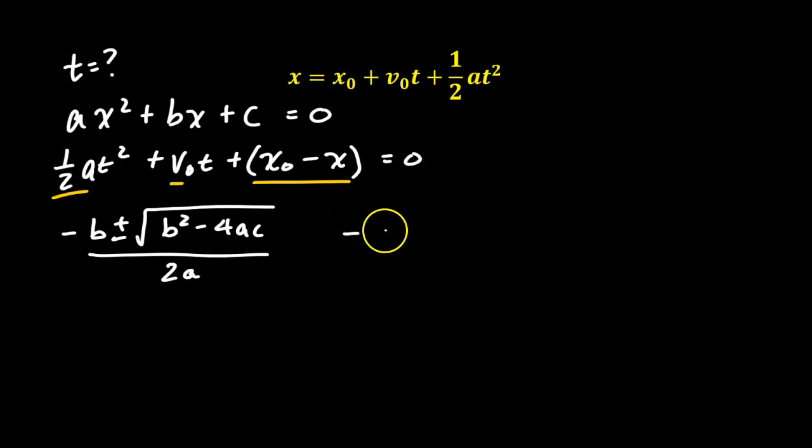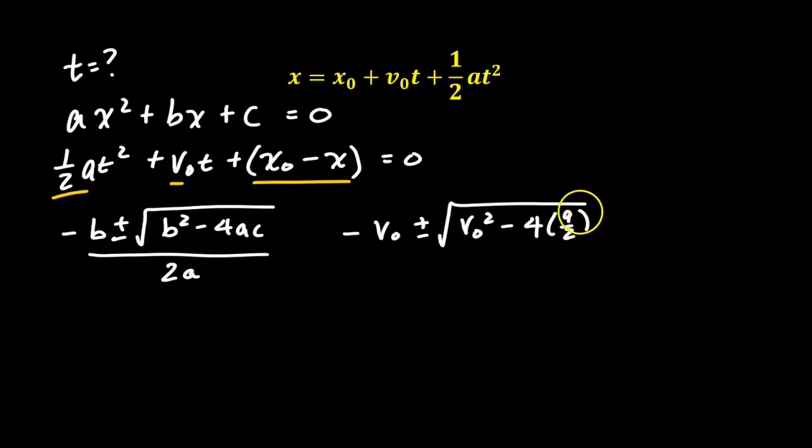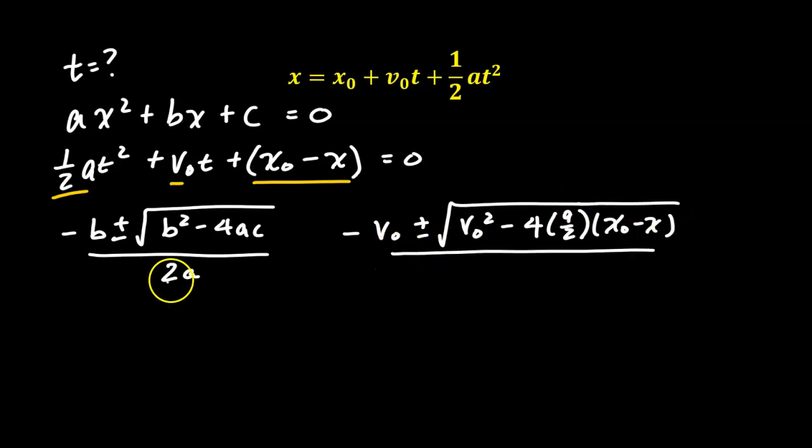So I'll have negative v naught plus or minus the square root of v naught squared minus 4. And then the a is 1 over 2 a, so basically it's a over 2. And c is this coefficient right here, x naught minus x. So x naught minus x all over 2a.